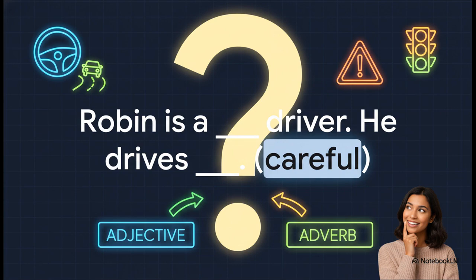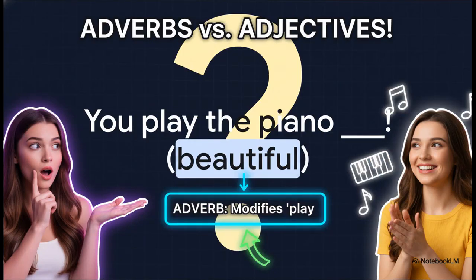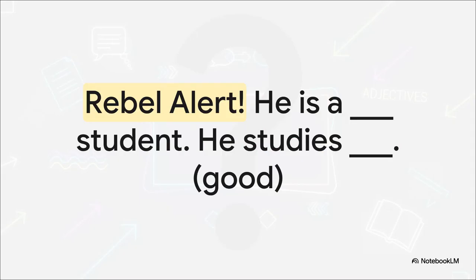It's easy. How about this one? You play the piano. Blank. Our word is beautiful. Here, we're just describing the action, right? The playing. So it has to be beautifully. You play the piano beautifully. Awesome. Okay, last one for practice. And careful, this one's a rebel.